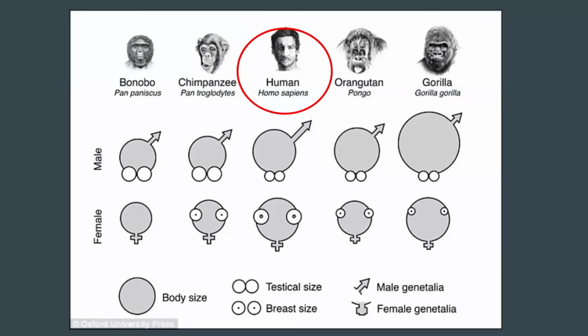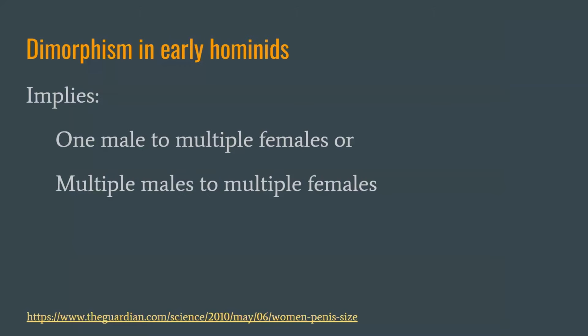Now, what about Homo sapiens? You notice the testicles are not particularly large. So if the size of your testicles is the measure of whether or not you participate in sperm competition, then humans don't. But dimorphism in early hominids implies that something was going on, and it was probably not sperm competition.